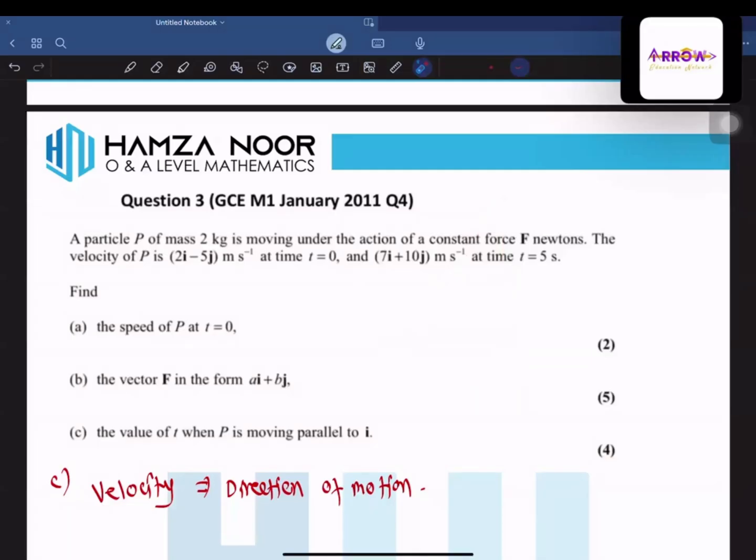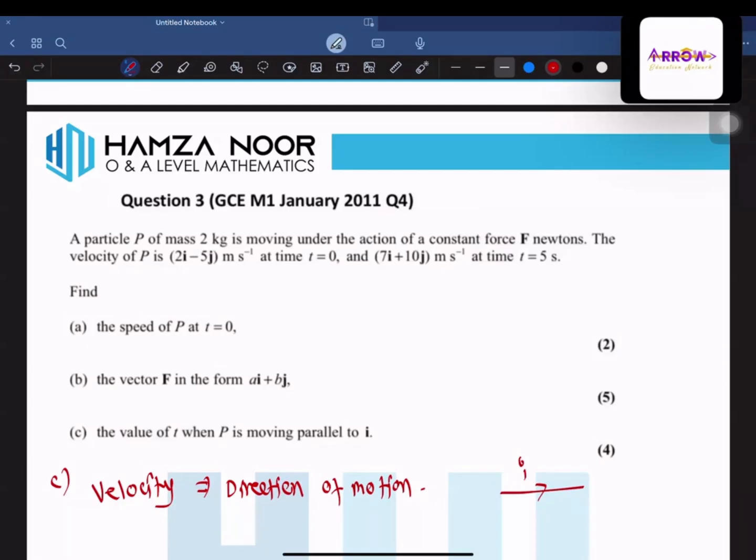We need to find a particular instant, meaning we need to find a value of t when particle P is moving parallel to I, meaning the particle P is moving along the horizontal axis. I is the vector which has a magnitude of 1 in the horizontal axis.